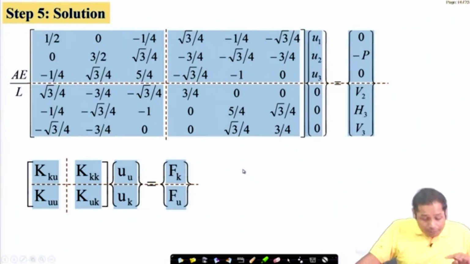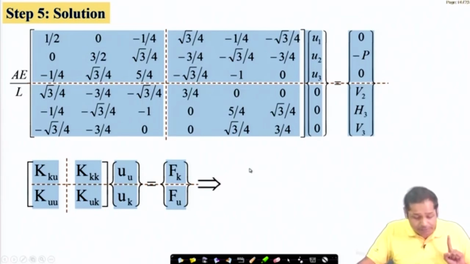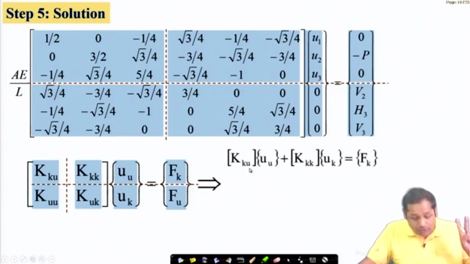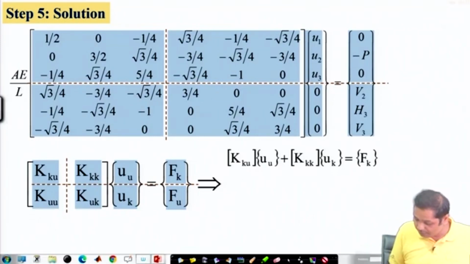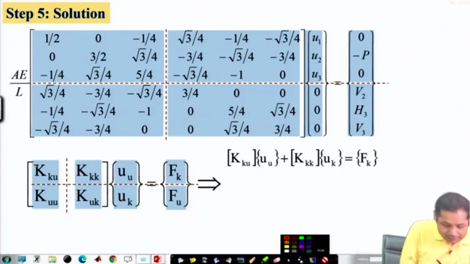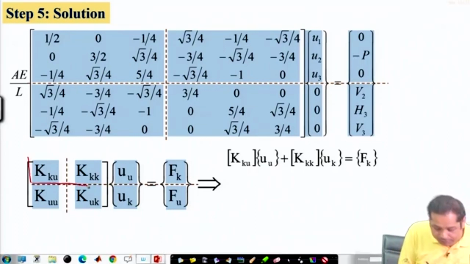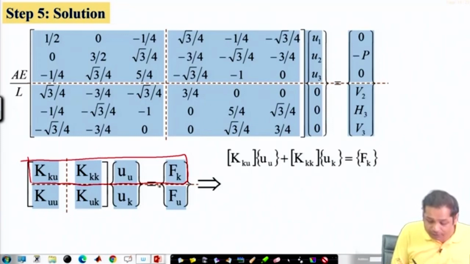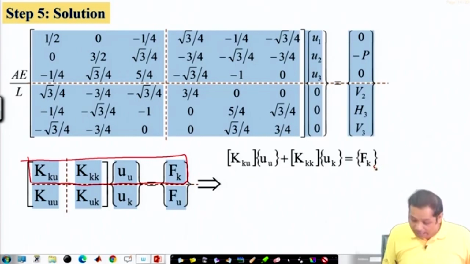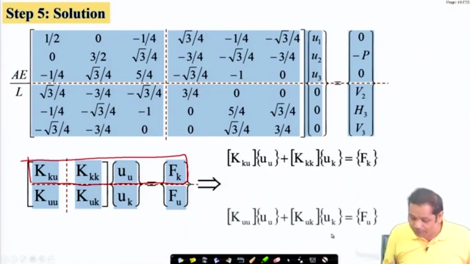Now, what will this give us? It will give us two equations. This will be the first equation. In the first equation, the stiffness matrix we already have, and only displacement is unknown and force is known. Then the second equation will be this.